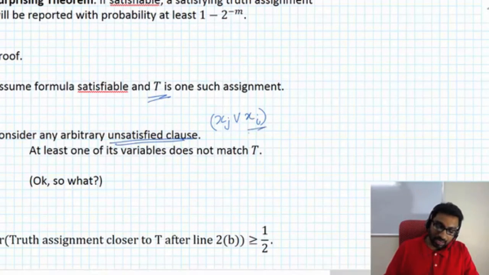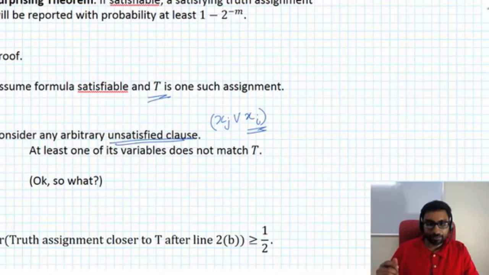So if, let's say, xi is the variable whose current truth assignment does not match T, then with probability half, we're going to be flipping xi's value, and so with that probability half, we're going to move the current truth assignment one step closer to T.